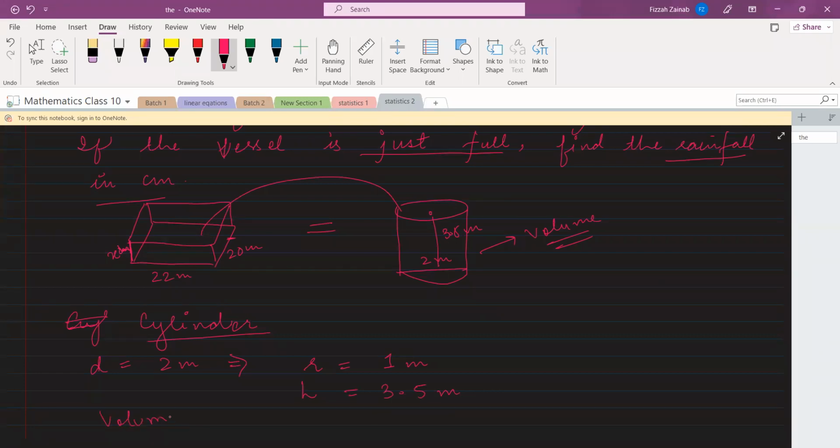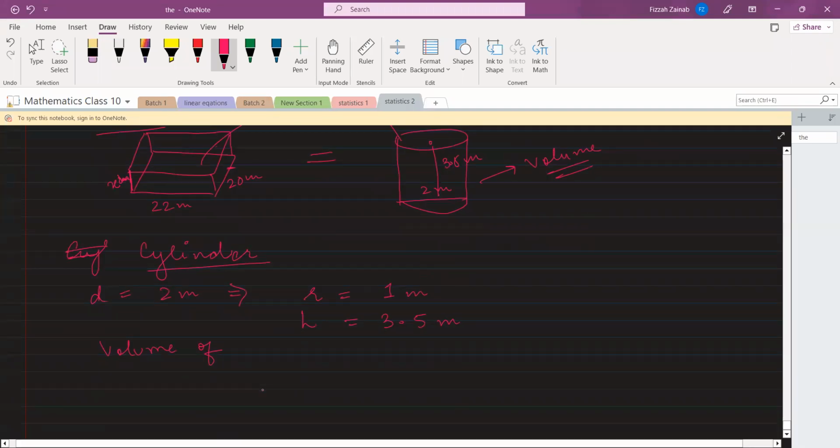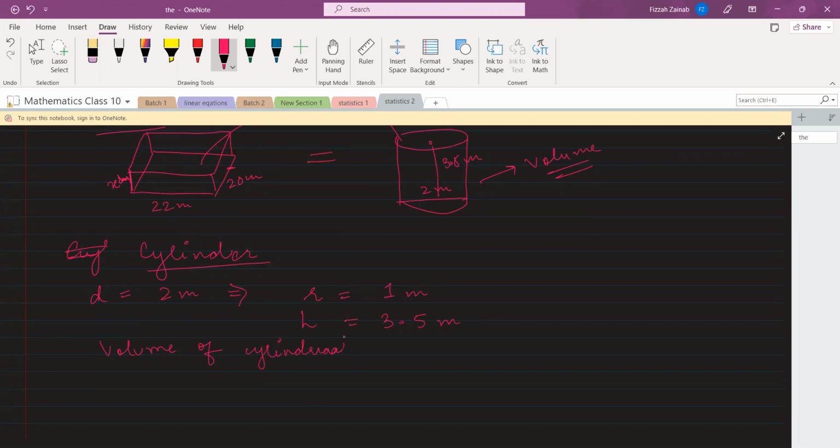So volume of cylindrical vessel. Now this we know, pi r square into h, clear?